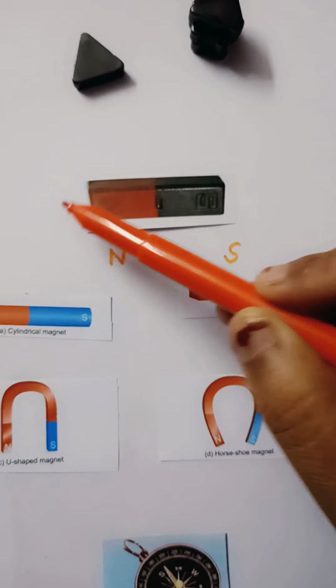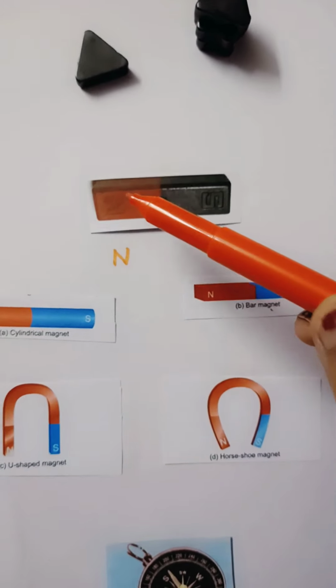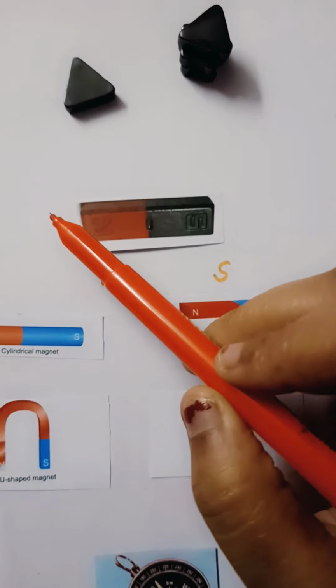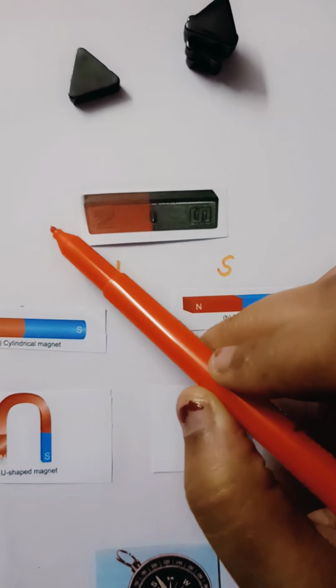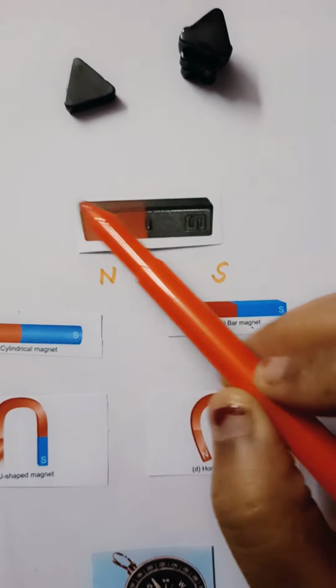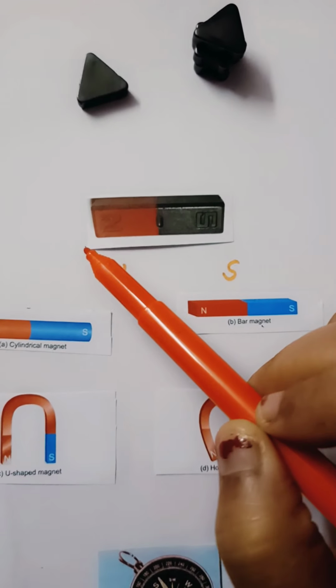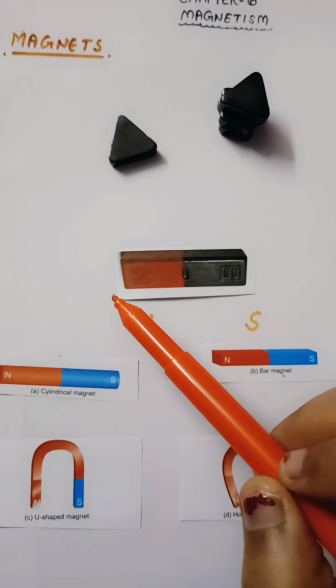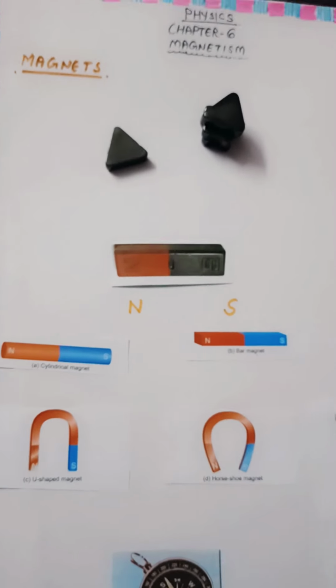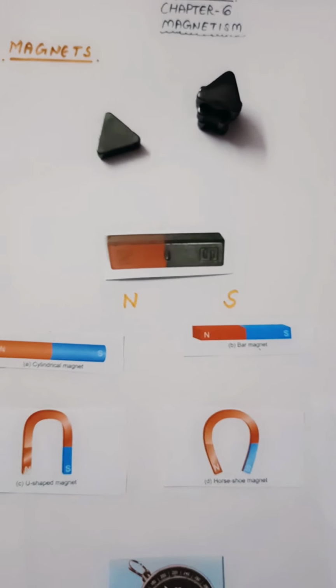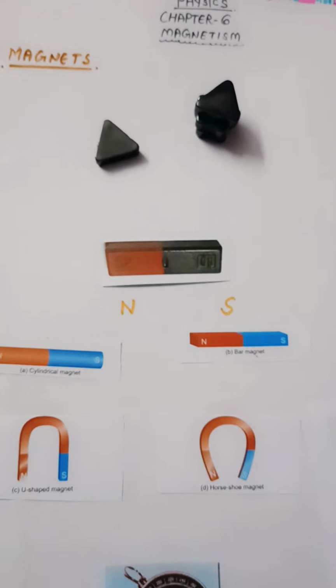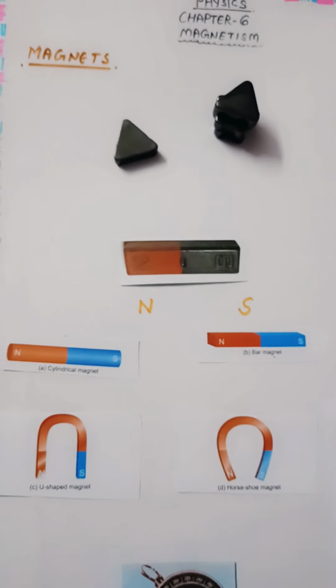Only then will both magnets attract each other. If on this side I again keep a North Pole, then these two magnets will not attract each other, they will repel each other. Repel means they will go back. They will not come close, they will move back.